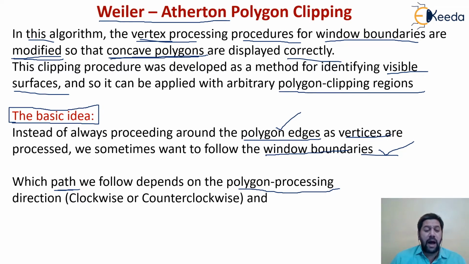The path depends upon the polygon processing direction, so we have to consider whether we process the polygon in a clockwise or counterclockwise direction. Now what is meant by clockwise and anti-clockwise? Suppose my polygon is something like this.